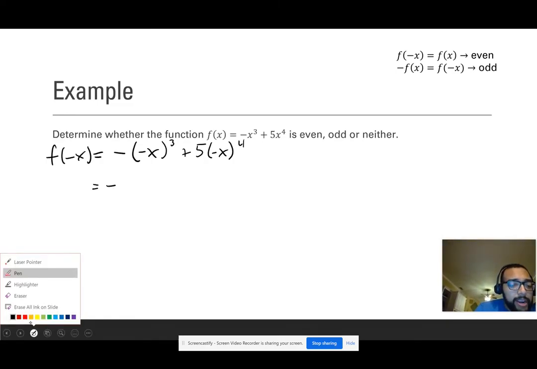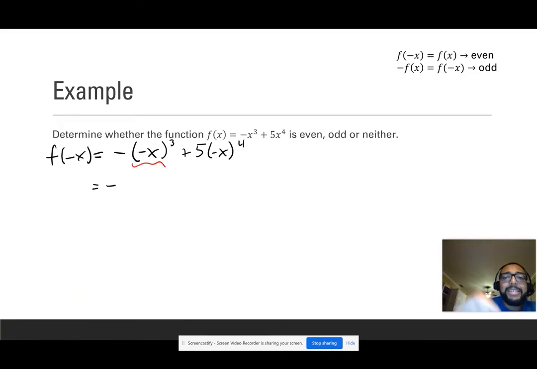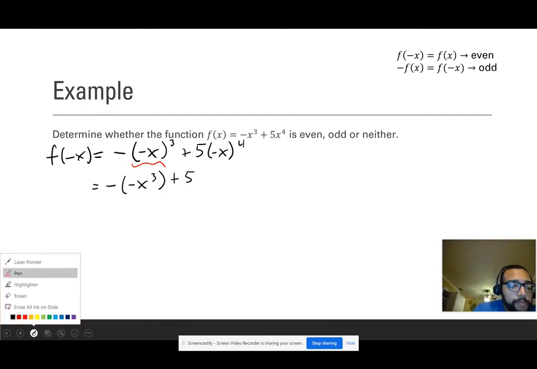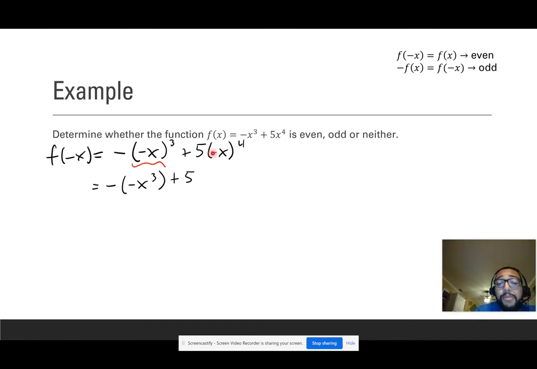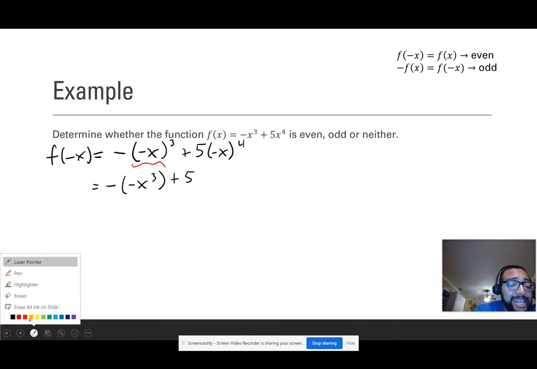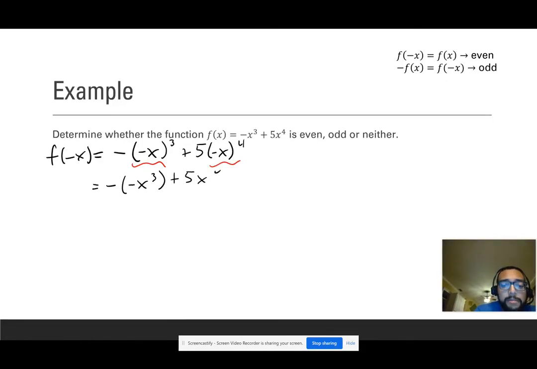This thing right here, since it's an odd power, that actually will still end up becoming negative x cubed. But this, and then bring that 5 on the outside, this negative x to the fourth, since it's an even power, that's going to end up becoming positive x to the fourth. Oh, but we have here a negative times a negative, so that would be just a positive x cubed plus 5x to the fourth, and oh, we're close.